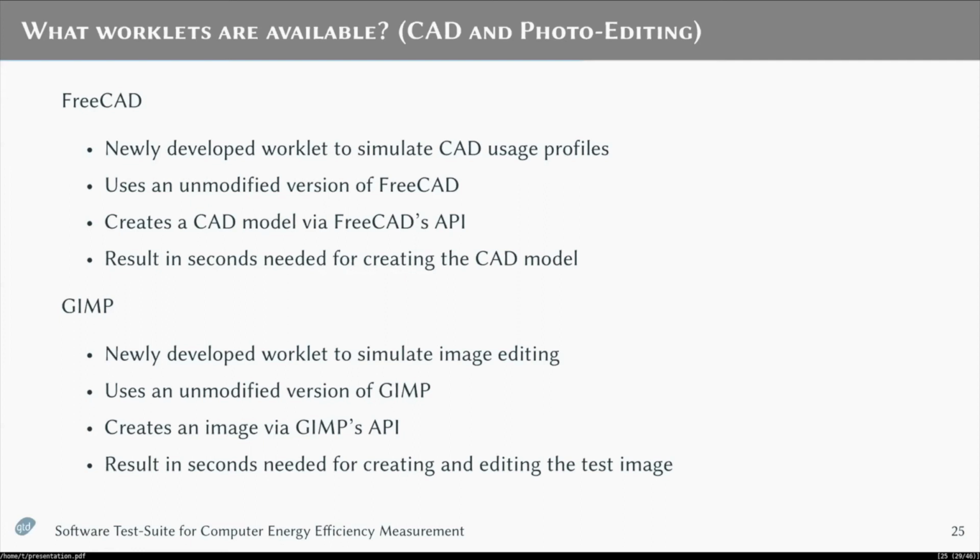For GIMP, which you have actually seen in the demonstration, we did a comparable thing. So it again uses the unmodified version of GIMP and creates an image via the application interface via an automation script.